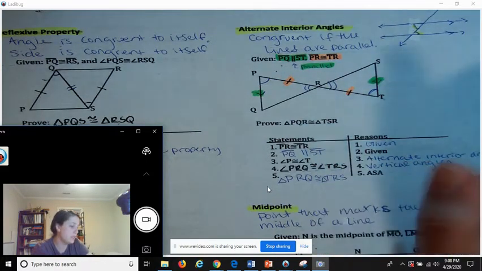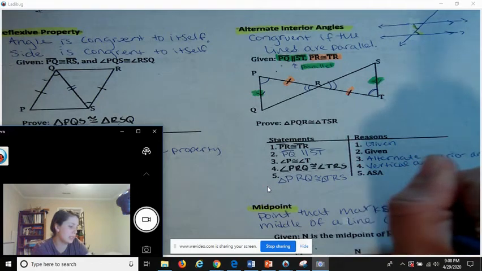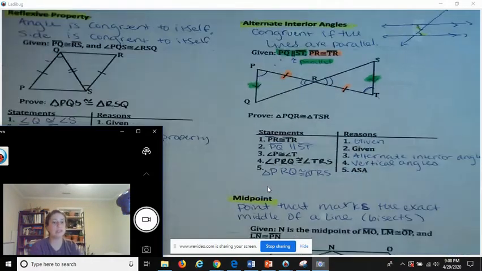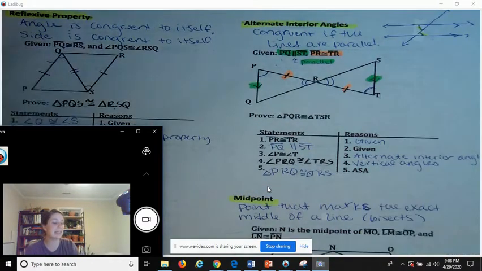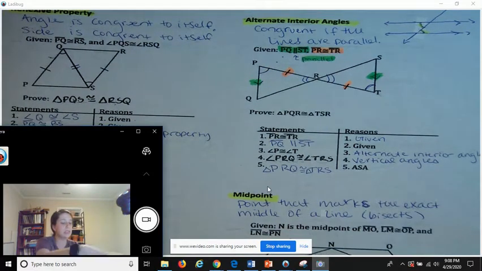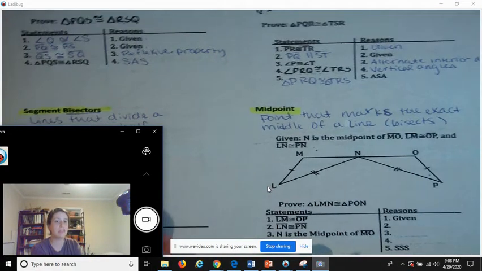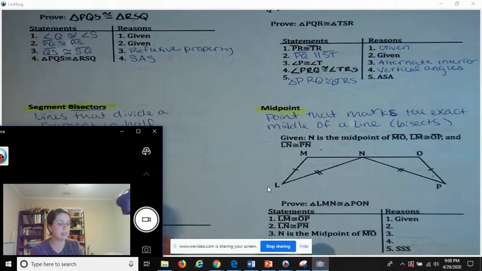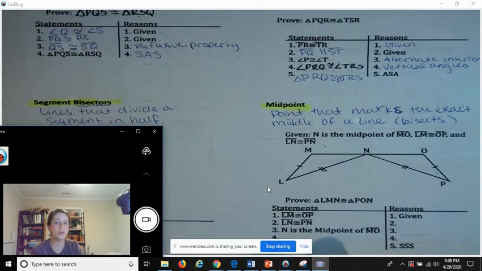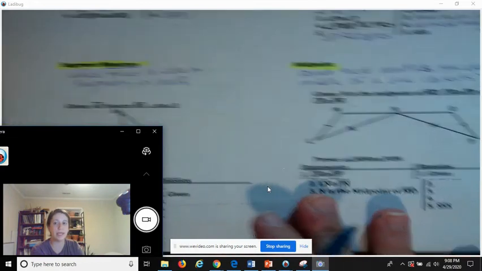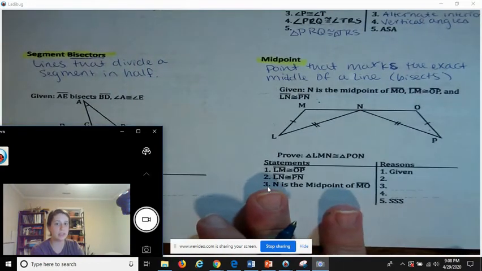In other words, it bisects it, okay? To bisect means to split exactly in half. That's what a midpoint does, okay? And this is specifically a point that does this. Okay, so those are our two new pieces of vocabulary, segment bisectors and midpoints.